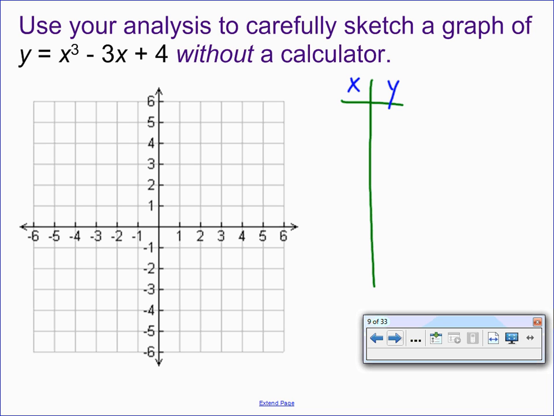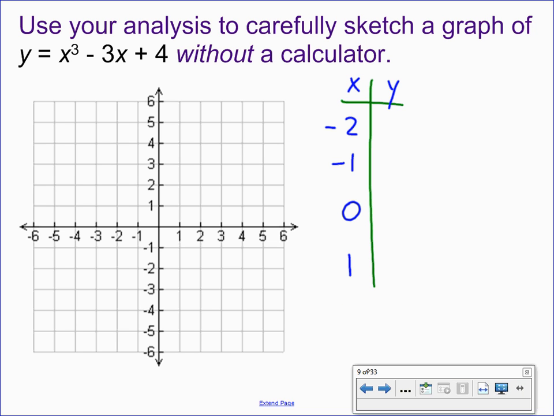And then I'm going to pick one on either side. So I'm going to go -1, 0, 1. And let's include an x value on either side of those just to get a little bit better picture. -2 and 2. I think this will be sufficient.